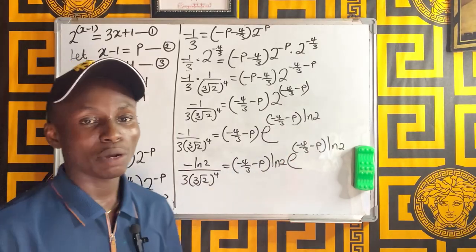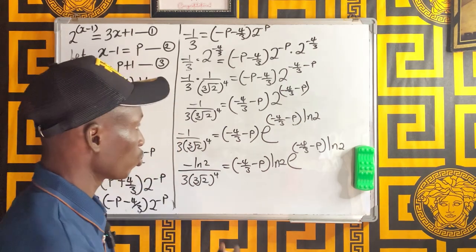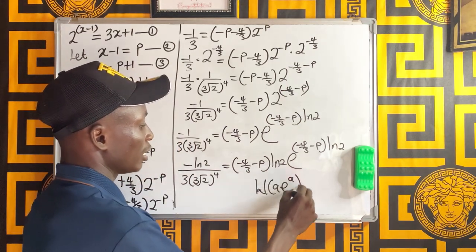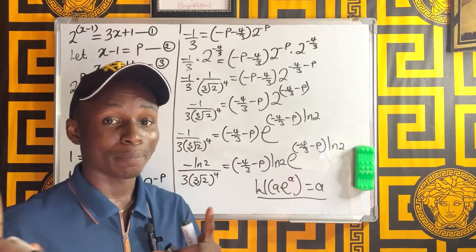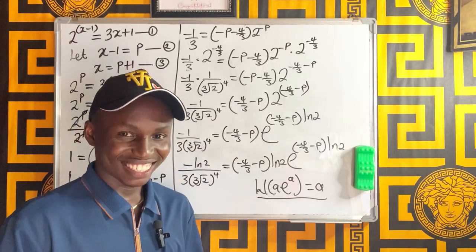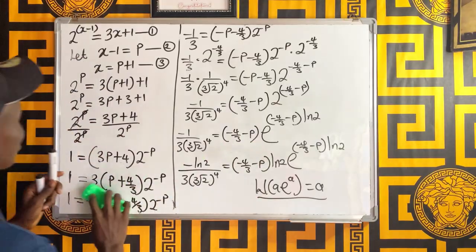At this point, you can apply the Lambert W function at both sides. Because we know that the W function of a multiplied by e raised to a is equal to a. Put this down. It's very important. It's one of the fundamental principles of the Lambert W function. So let me remove this from here quickly.